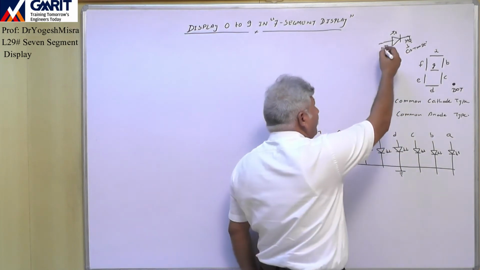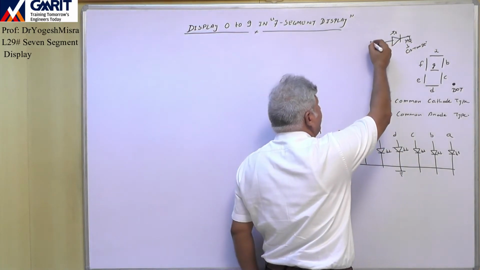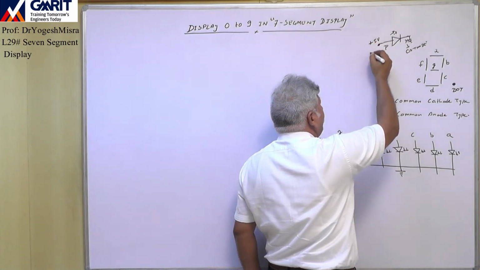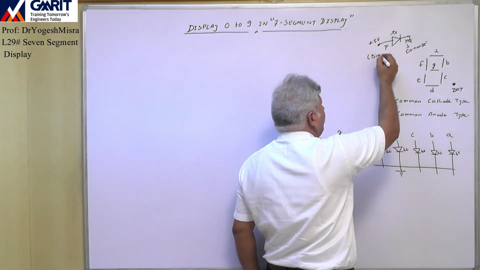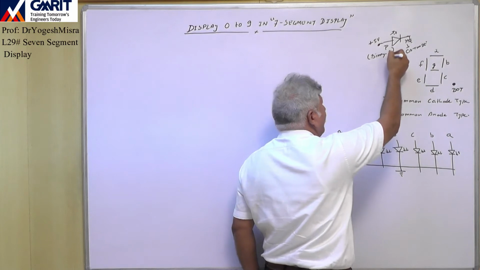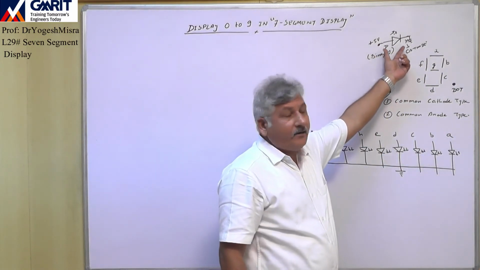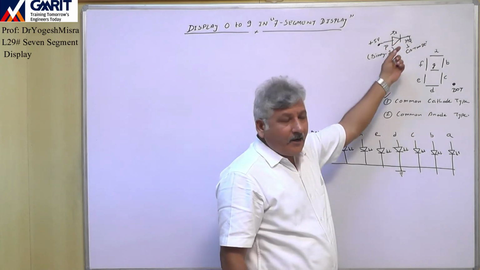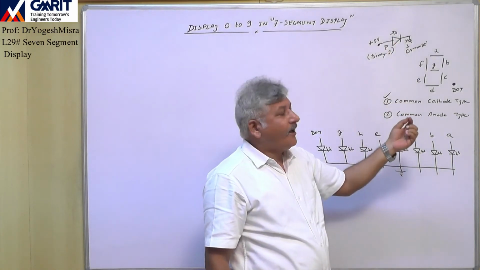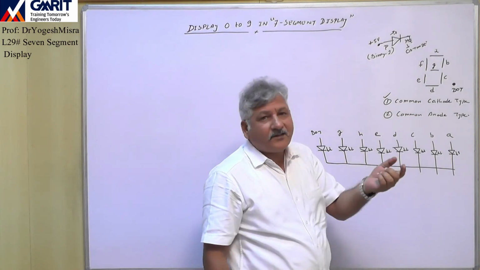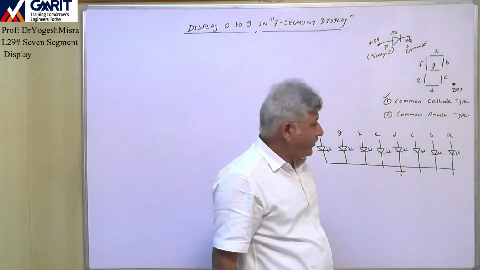To make it forward biased, at the positive terminal we have to supply plus 5 volt, or give binary 1 value. In this case, this LED will be forward biased and light will be emitted from the LED, and we can see the LED glowing.